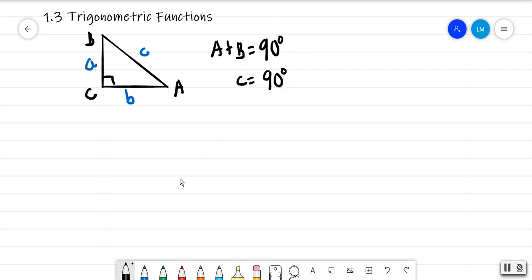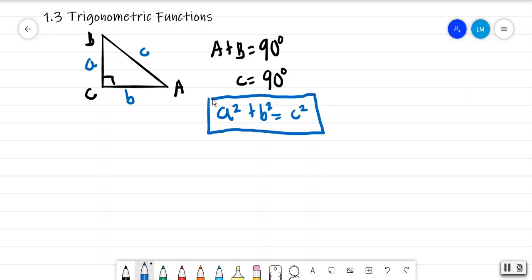But the thing we make mention of is that if we use a squared plus b squared, this is going to give us c squared. This is known as the Pythagorean theorem. Most students tend to memorize the Pythagorean theorem.